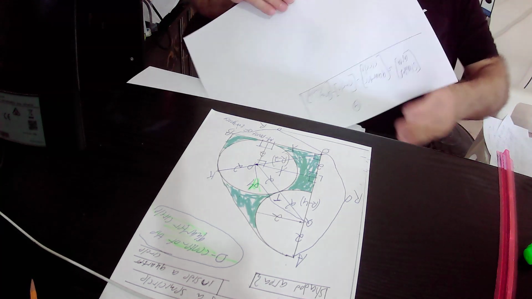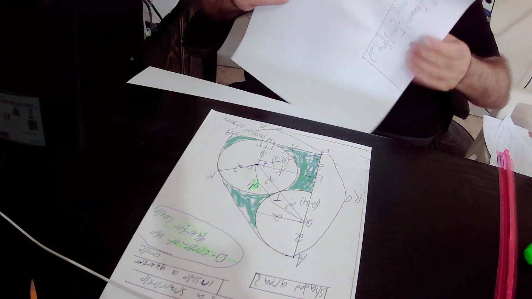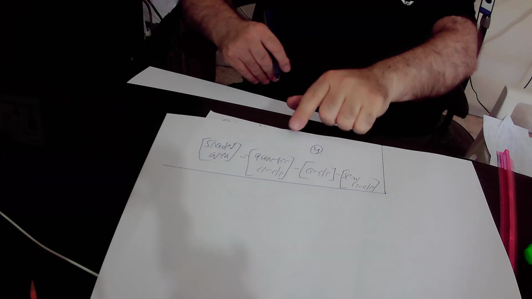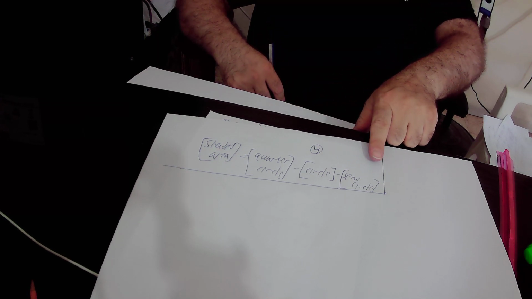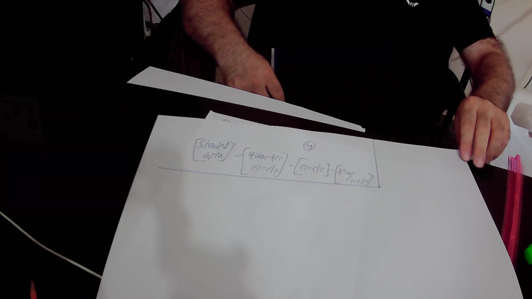I'll repeat again, the value of this shaded area equals the area of the quarter circle minus the area of the circle minus the area of the semicircle. Okay?